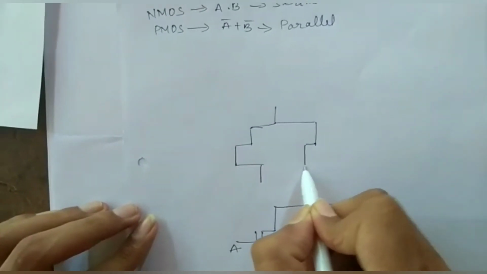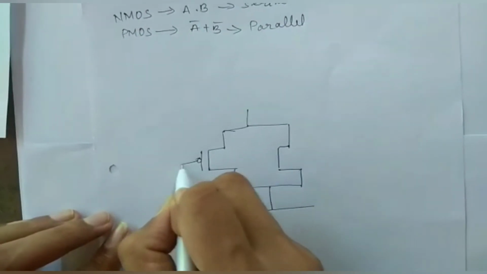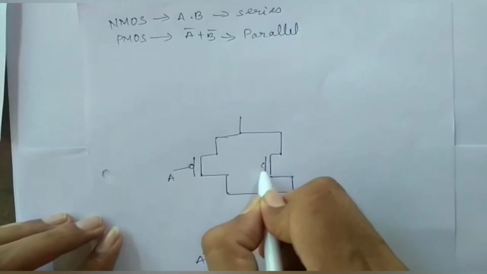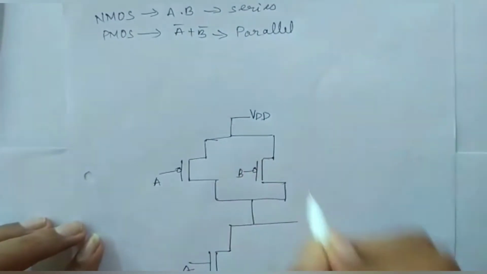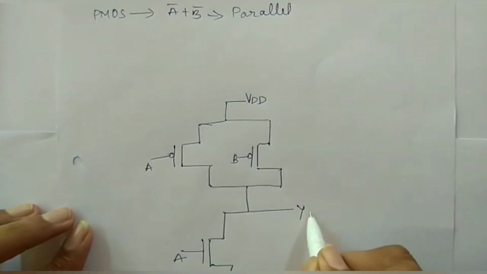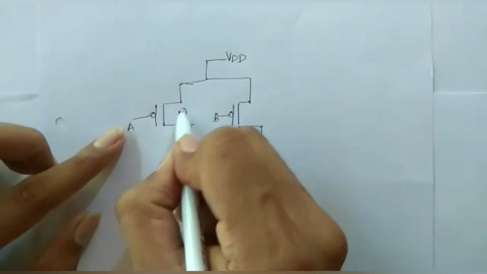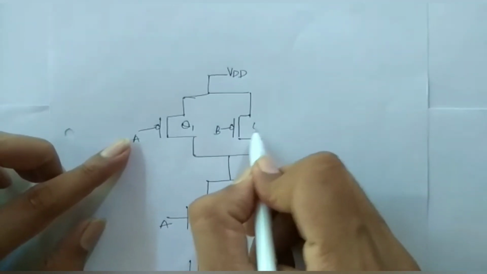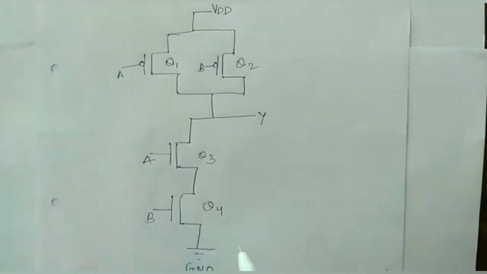I'll draw the PMOS construction, with inputs A and B, connected to the VDD supply, and here is the output Y. We will mark the transistors as Q1, Q2, Q3, and Q4.